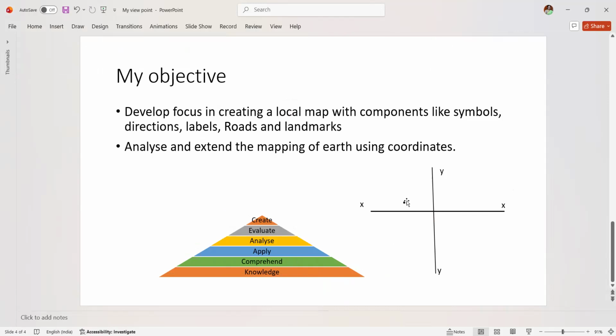How will I locate this point? I'll have to take the value from the y-axis and the value from the x-axis. Now, that is why we are asking students to analyze and extend the mapping of Earth using coordinates.